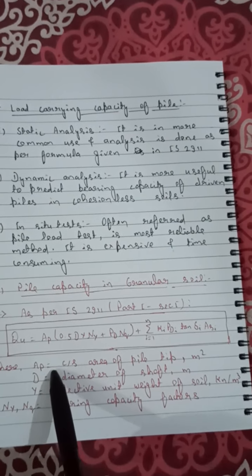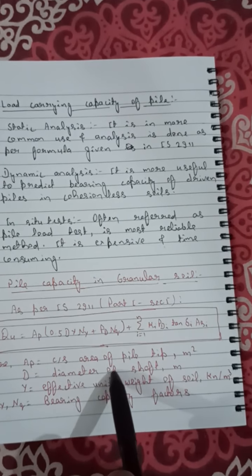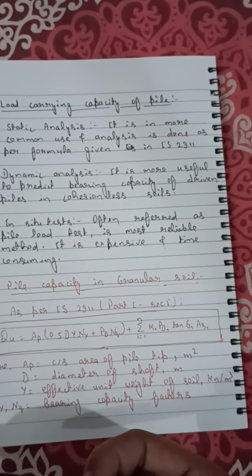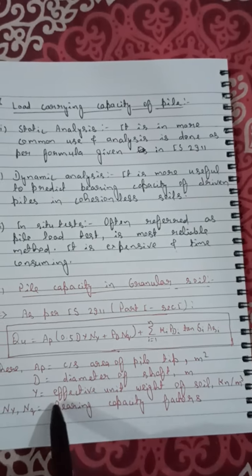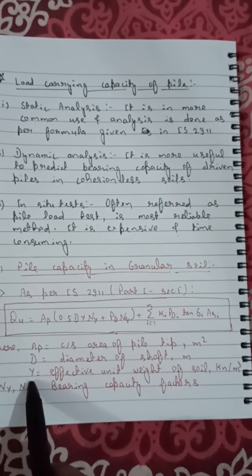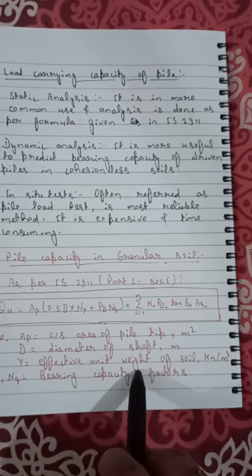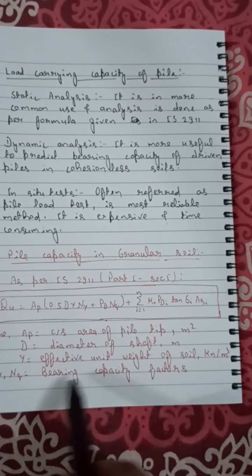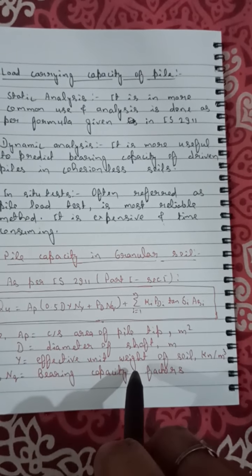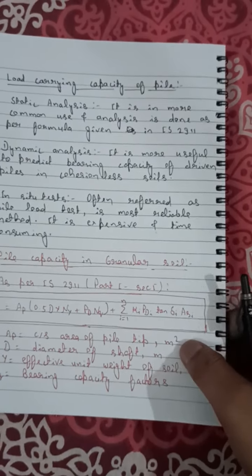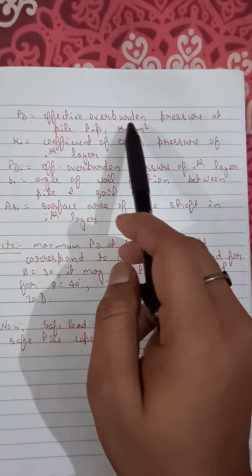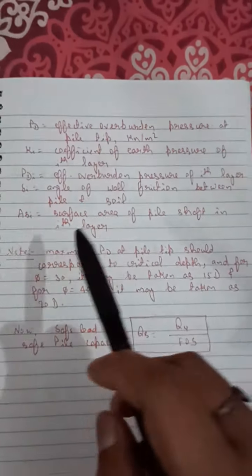AP is the cross sectional area of pile at its tip. D is the diameter of pile shaft, and gamma is the effective unit weight of soil. N gamma and NQ are the bearing capacity factors. PD is effective overburden pressure at pile tip.